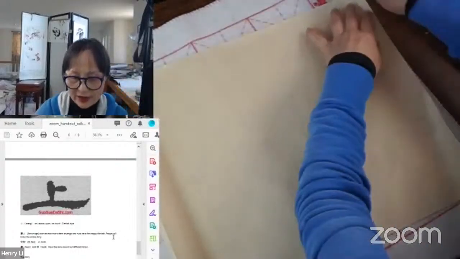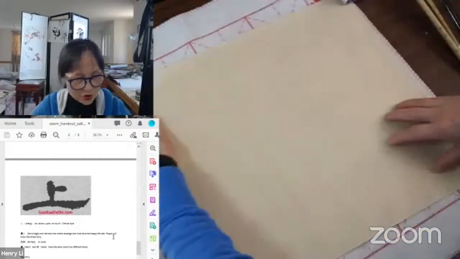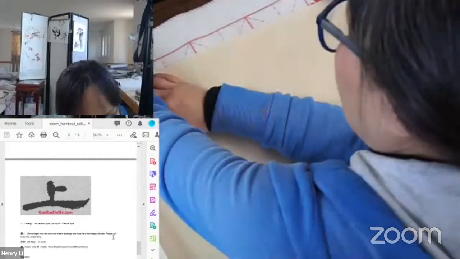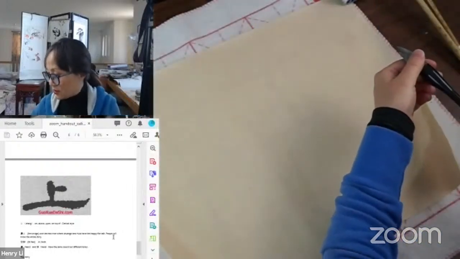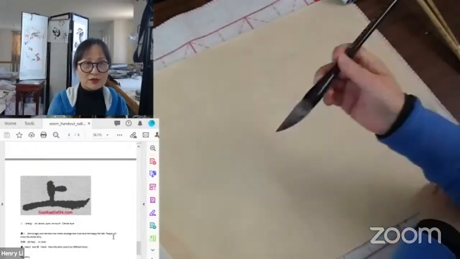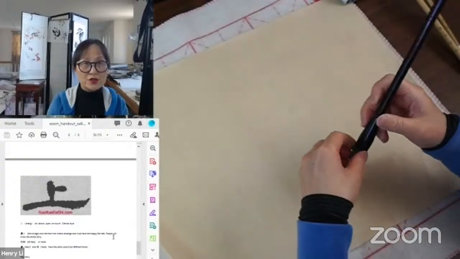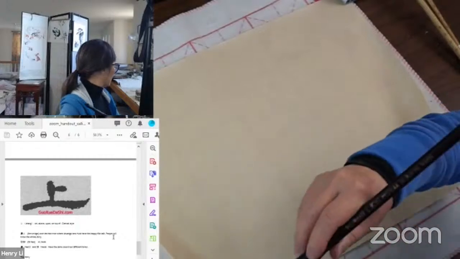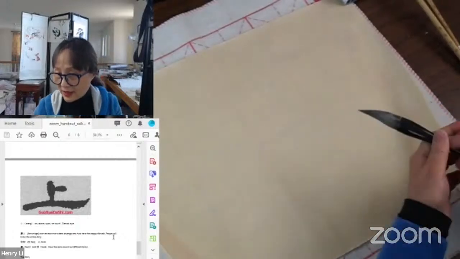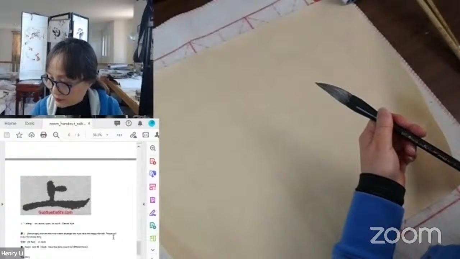Okay, now do the fish. Try to get some calligraphy stroke quality. So the dark ink, try to get the gradation. Got light ink. How do I get light ink? Put a little bit.